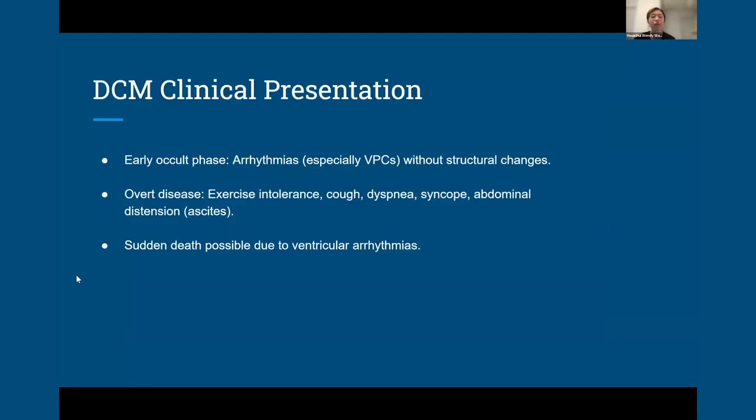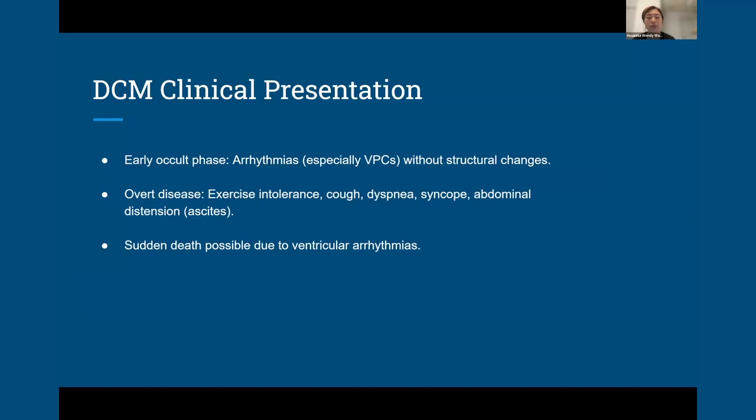In the early stages, we usually just see some arrhythmia, often VPCs, and there's not a lot of structural changes. But in overt disease, when they're in the stage of congestive heart failure, we're again going to see exercise intolerance, cough, dyspnea, syncope, and abdominal distension from the ascites.